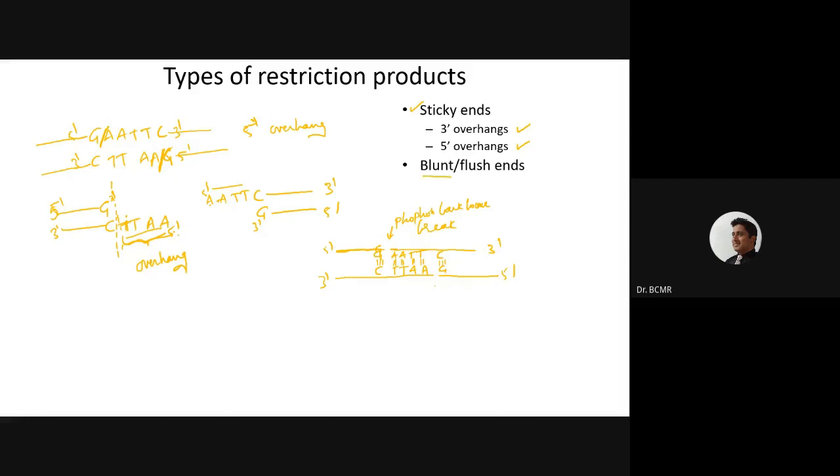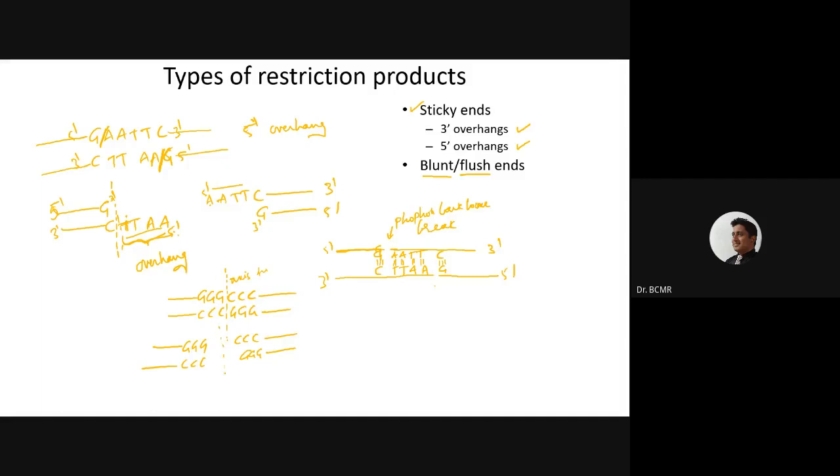And what are blunt ends or flush ends? We will see in the other ones. For simplicity, I will take a restriction site something like this, and if it were cut on the axis of symmetry, then these will be GGG, CCC, and the other one will be CCC and GGG.